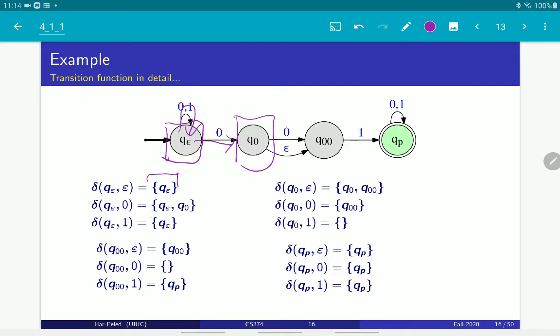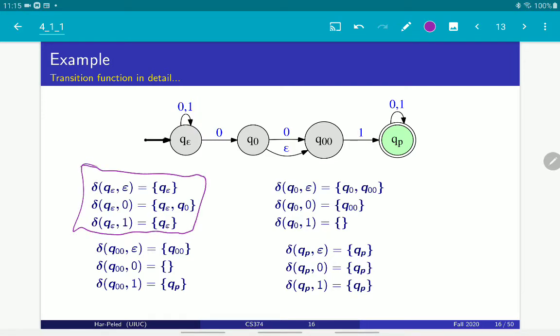So this is the set Q epsilon, Q0, right? We might be in those two states. Let's do the next one. Q epsilon with 1, well, the only option is to stay where we are by taking the self loop. So this is for that.